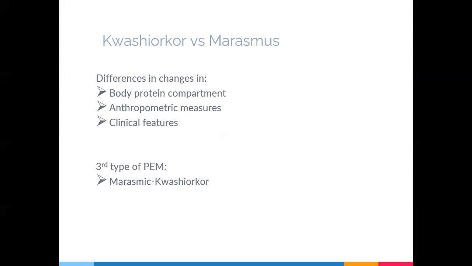Okay, then ang difference ani ni marasmic kwashiorkor, for example, from kwashiorkor is that sa anthropometric measure, si marasmic kwashiorkor is less than -3 SD. Ang iyahang weight for height as well as iyahang weight for age, compared sa marasmus.